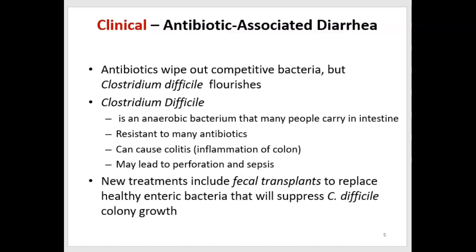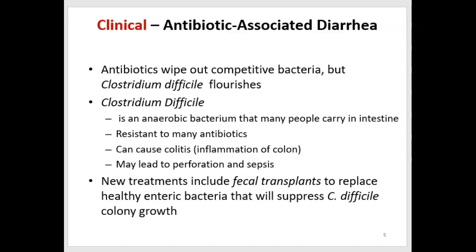So it is a problem, and there's like 14,000 deaths, I think, from this diarrhea, because you lose all the water and you lose nutrients, and it's kind of a wasting disease. But there are new treatments, including fecal transplants.